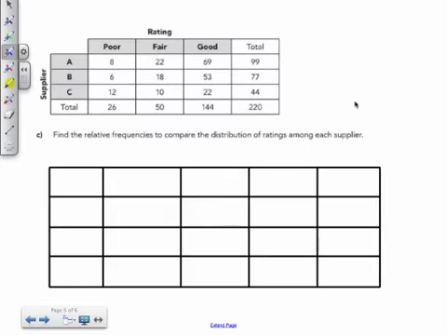All right, question C. Find the relative frequencies to compare the distribution of ratings among each supplier. So this time I want to look at each supplier and see what percentage of each supplier had a poor rating, a fair rating, or a good rating. So just like we did before, we are going to label this right here our rating. Okay, and on the side we're going to call this supplier.